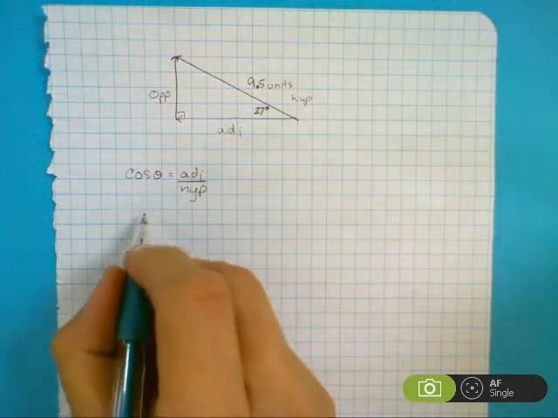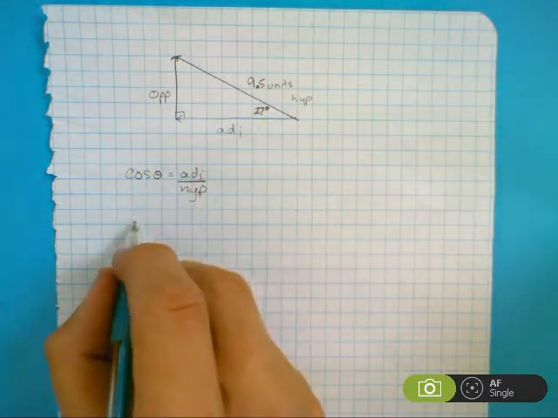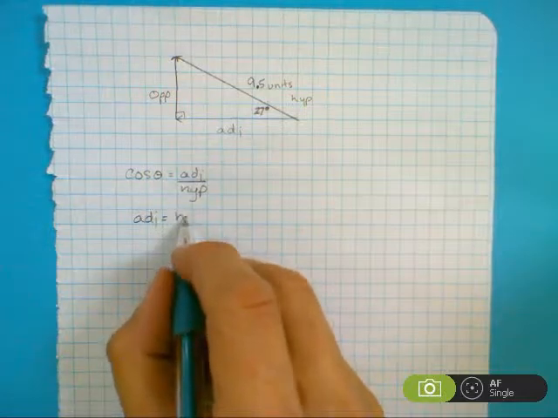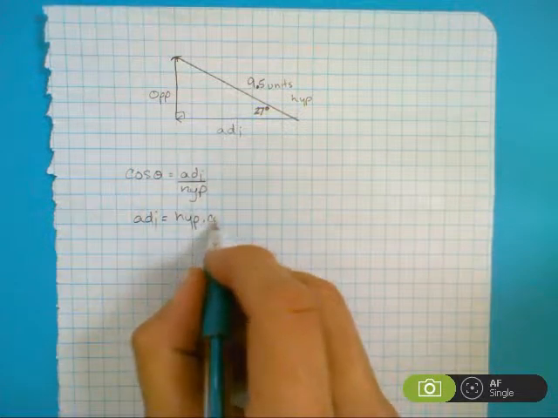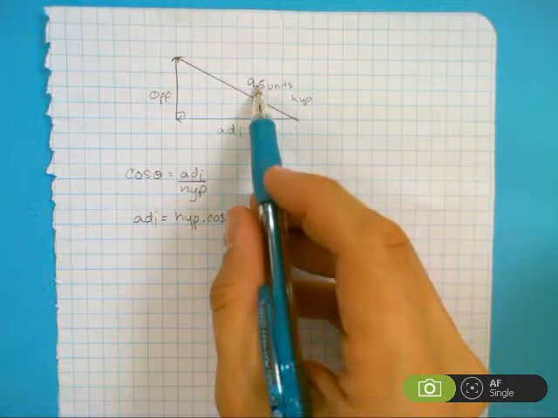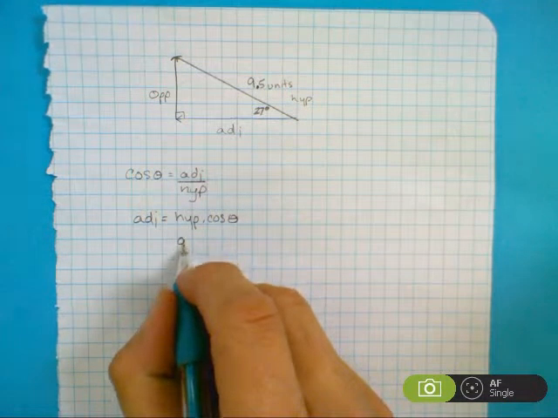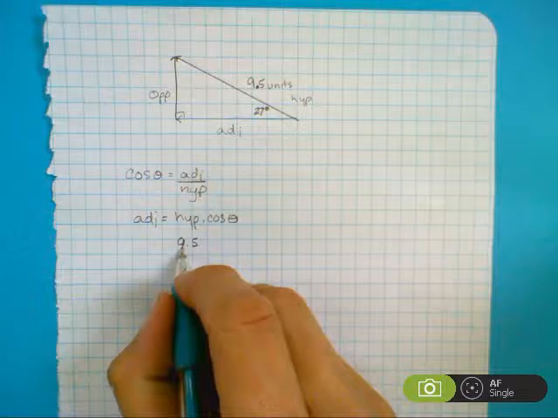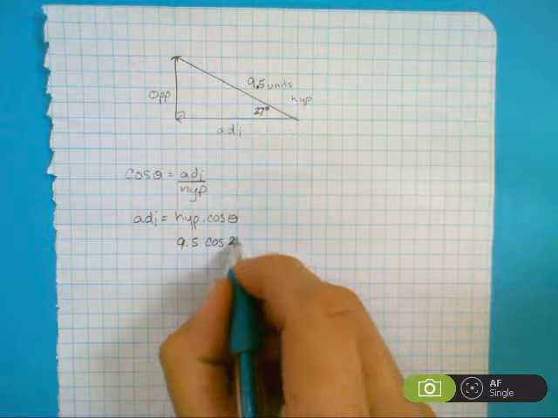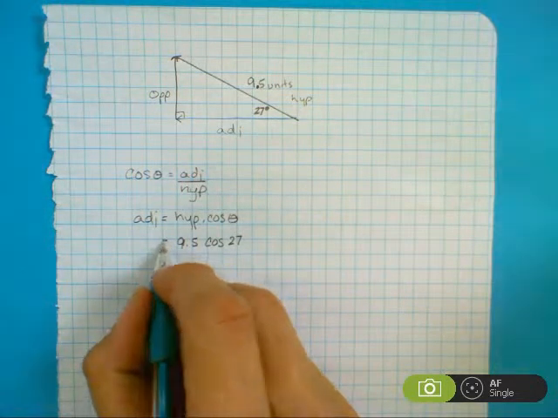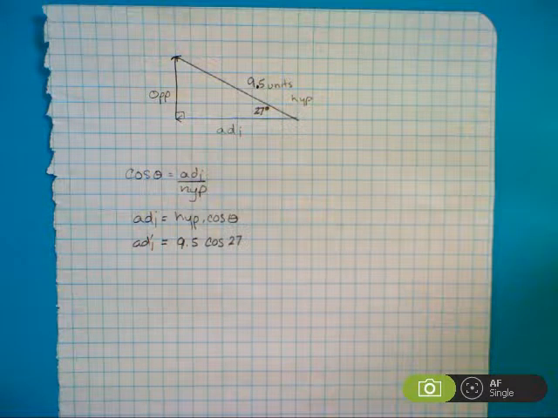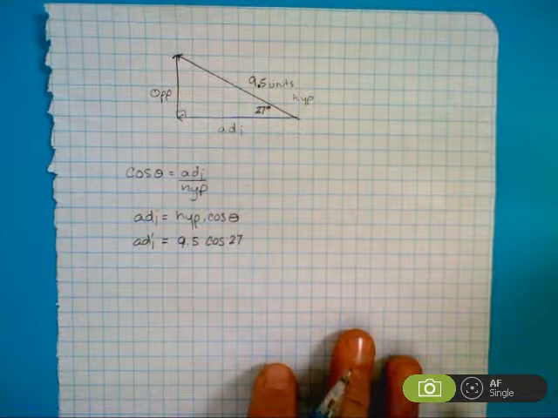Or I could rewrite that in terms of the adjacent side: ADJ is equal to the hypotenuse times the cosine of theta. Plugging in, the hypotenuse is 9.5 units, cosine of our angle, which is 27 degrees, is equal to ADJ. Remember that in this class you want to make sure you are in degree mode with your calculator.